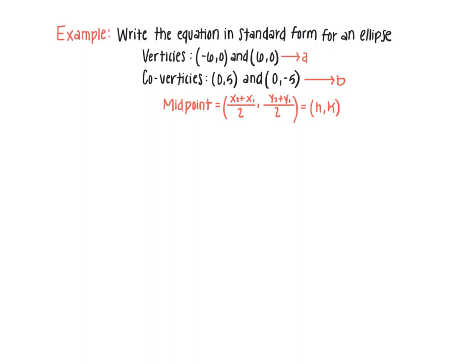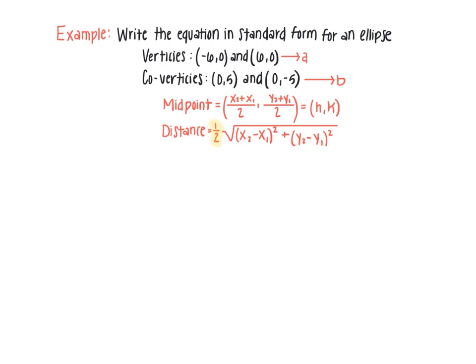So I'm going to start by finding the distance between my vertices, which is going to give me twice a, because remember a is only half the distance between my vertices. So what I'm going to do is modify the equation that we use to find distance by simply dividing it by 2, or in this case, multiplying it by 1/2.